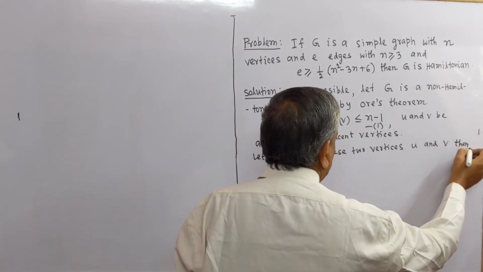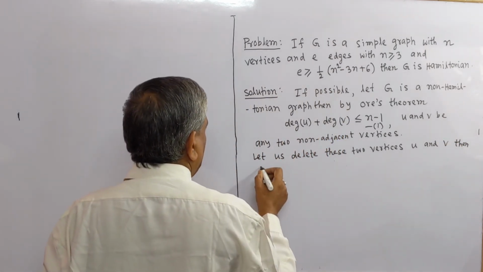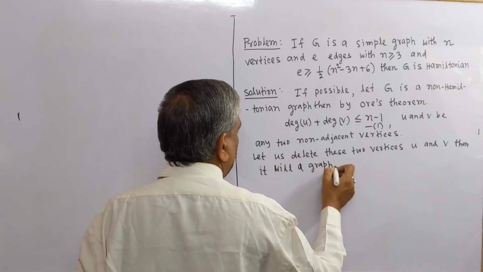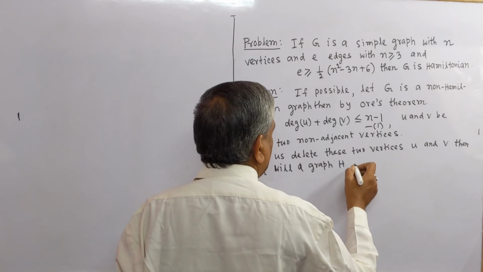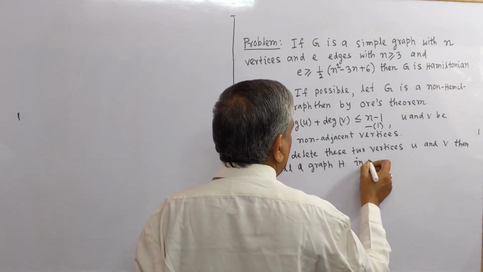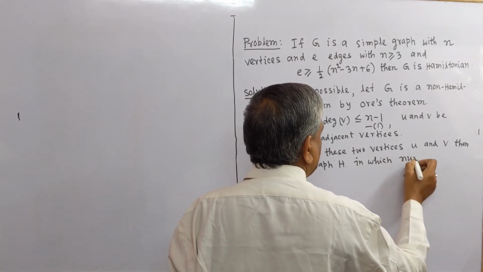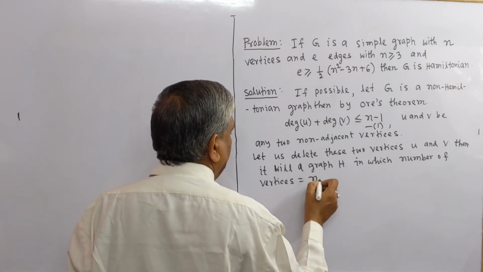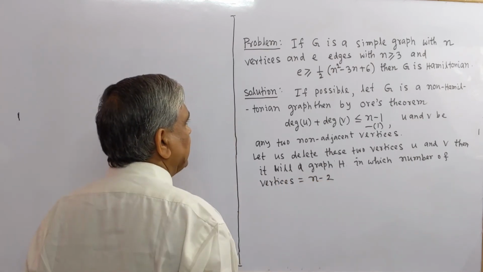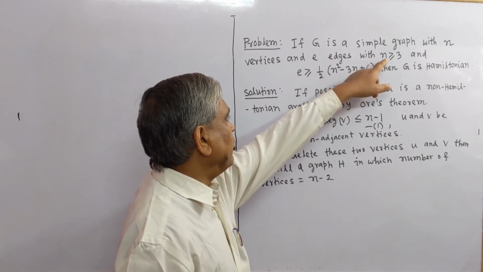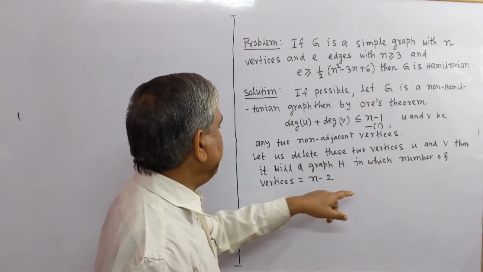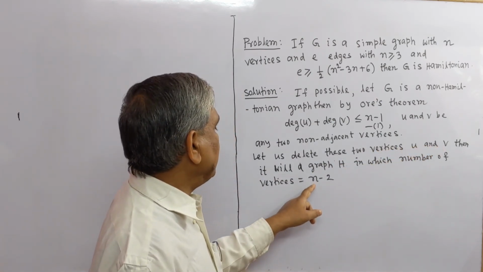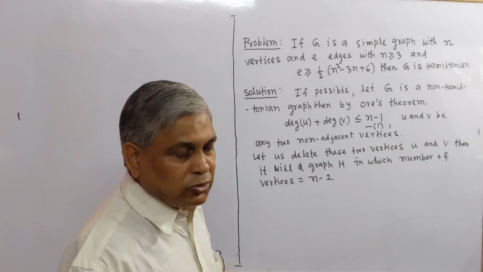Then it will be a graph H in which the number of vertices is equal to n minus 2. Firstly, we have n vertices and we delete two vertices u and v. Then the remaining number of vertices is n minus 2.